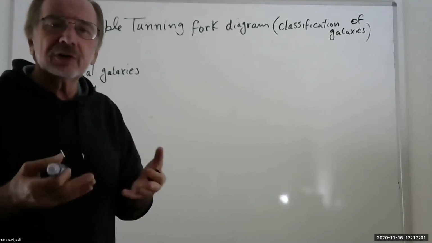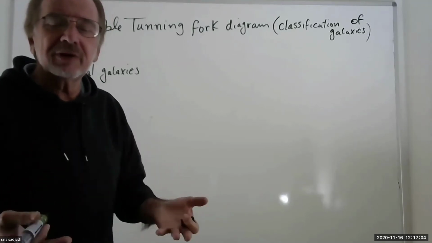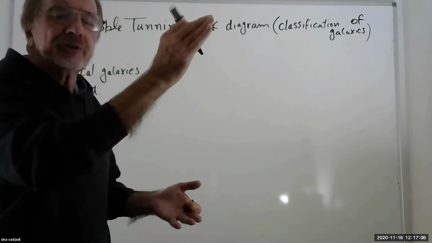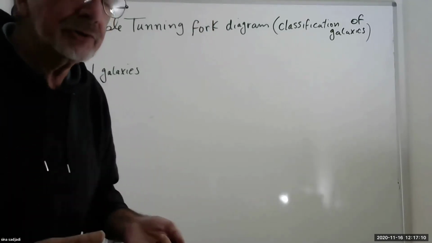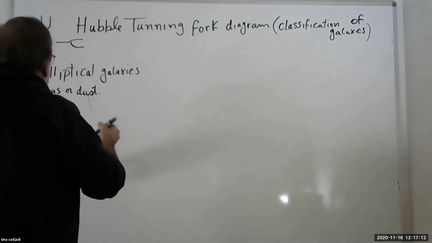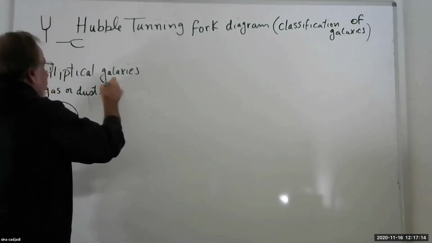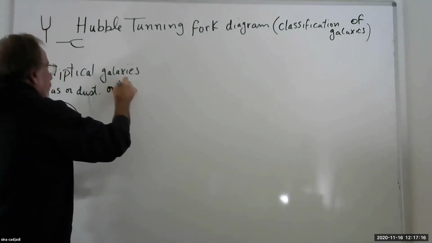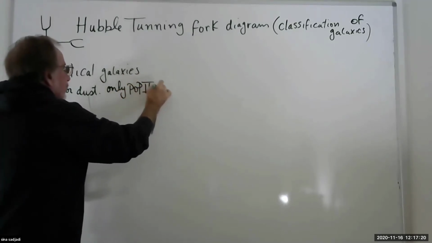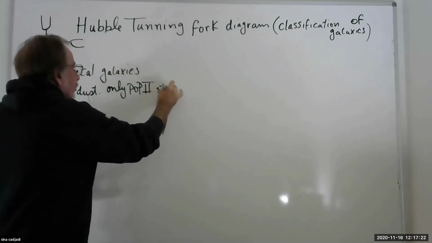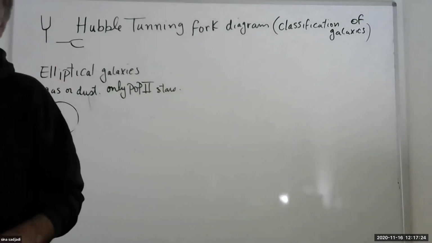All right, so stars on the H-R diagram that are main sequence stars, they're population 1. Stars that have evolved, they're population 2. So there's only population 2 here. Only pop 2 stars. Okay, so that's what's special about these galaxies.